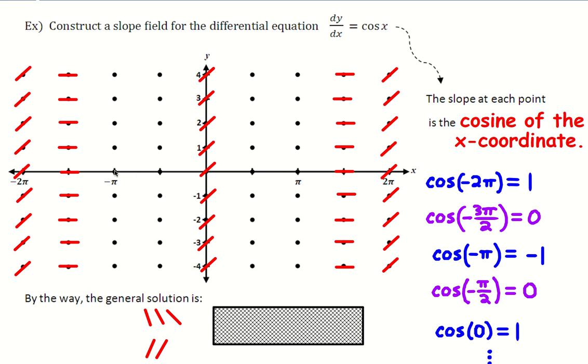Now what? Cosine of negative pi? Well, that's going to be the same as pi. That's going to be negative 1, is that right? Cosine of negative pi is negative 1. That should also be for pi over here.